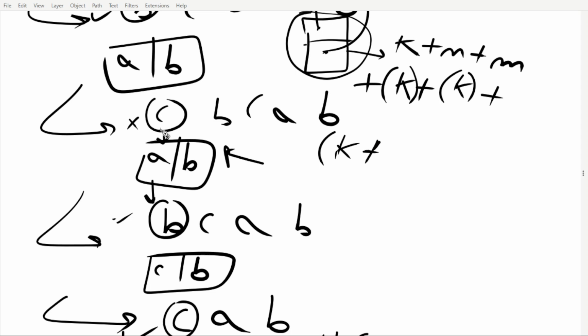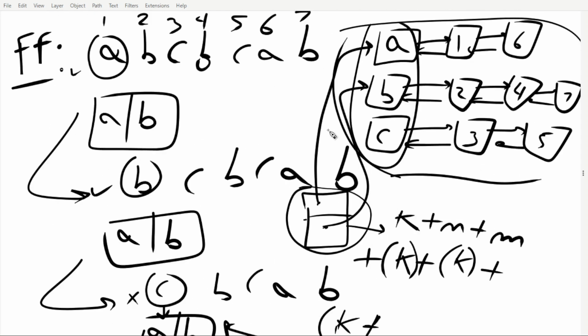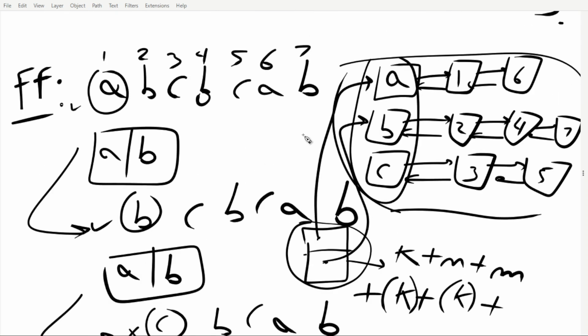Now we have to identify which one of A or B we have to evict. So once we know that we have only A and B, we can identify A and B. So we have the timestamps A.